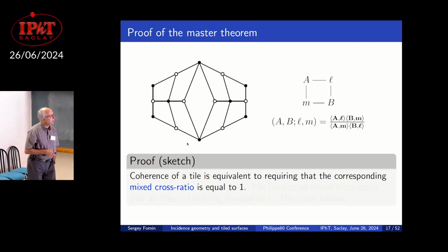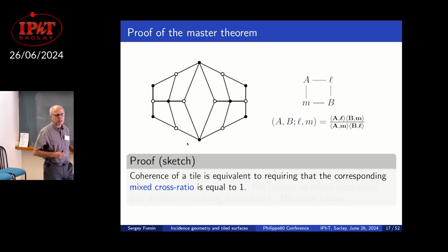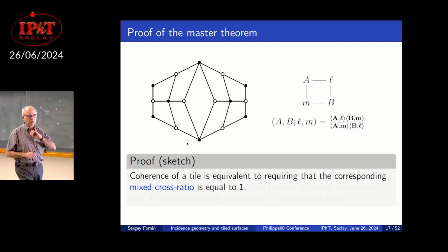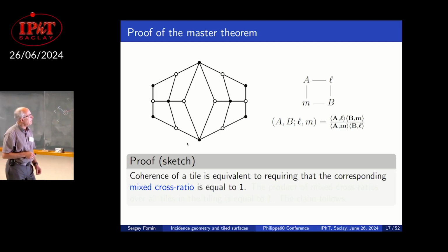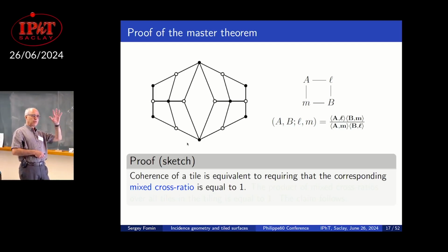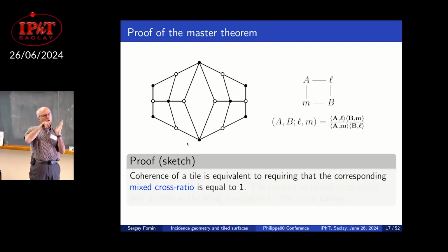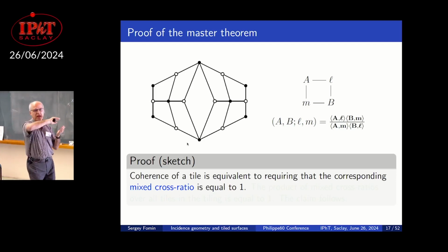Now, if you multiply all these cross ratios over all tiles, this will be a telescoping product. The product will be equal to 1, because each of these pairings will appear in the numerator for one tile and the denominator for the neighboring tile, because your surface is oriented. When you look from inside the tile, depending on whether going clockwise you go from white to black or from black to white, it goes numerator, denominator, but when you look from the other side, you go from white to black, not from black to white.